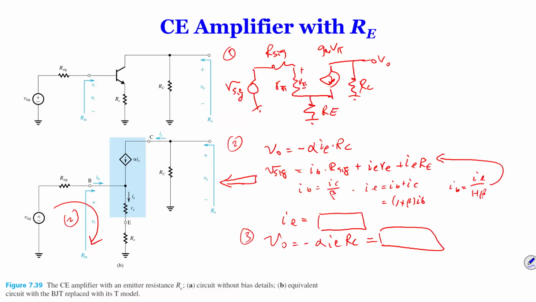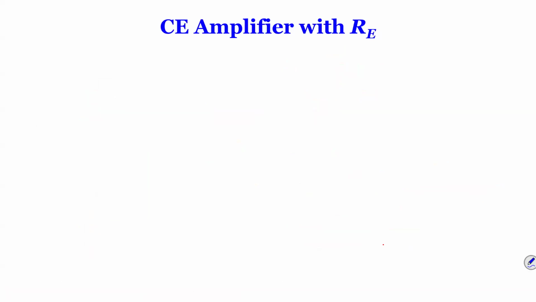So in this case, you can say that your VI is actually IE times this one, right? So your IB is over here. So what we write is, all right, now we're going to connect V in over here.